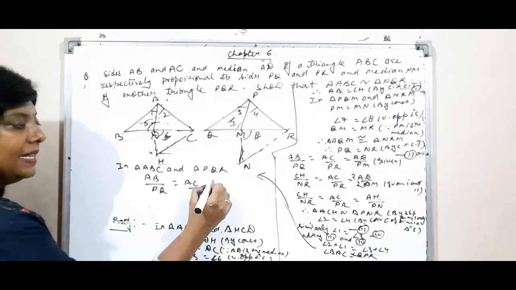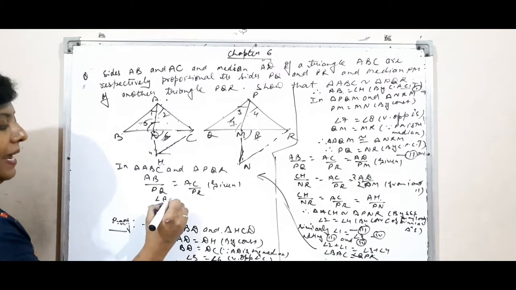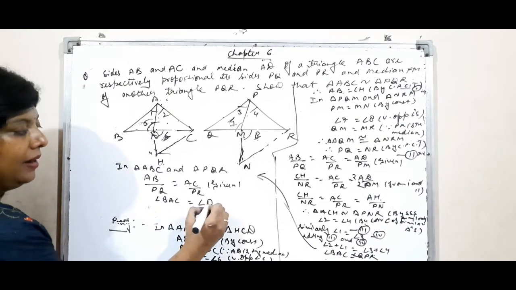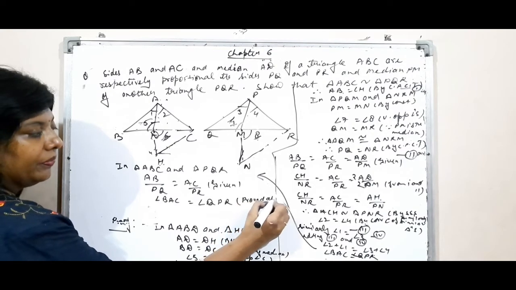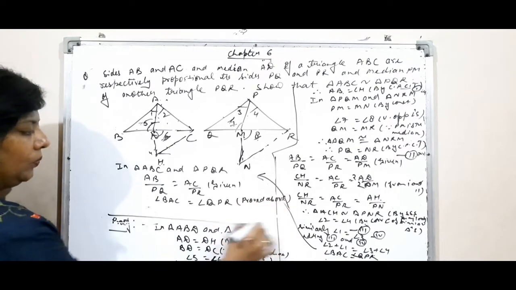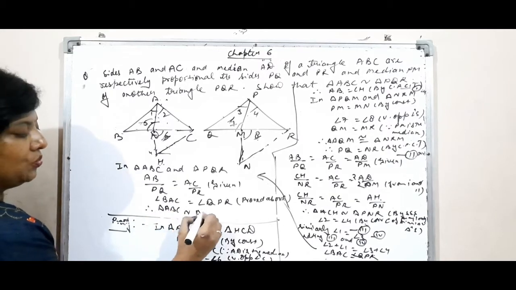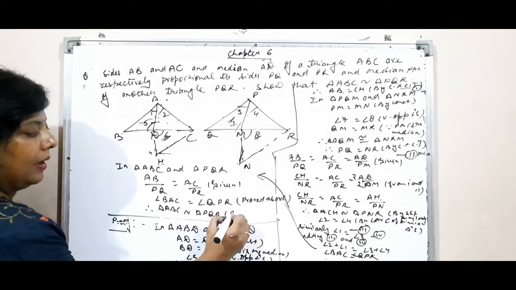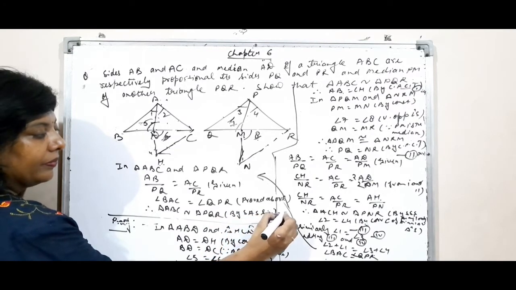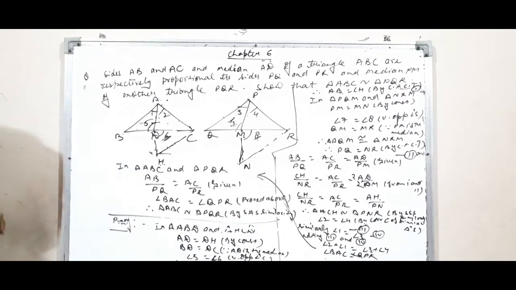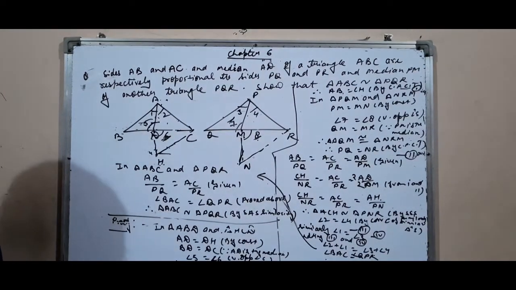It is given to you. And just now you had proved angle BAC equals to angle QPR, proved above. Therefore, triangle ABC is similar to triangle PQR by SAS similarity. Clear, students? I hope you got this question very nicely.